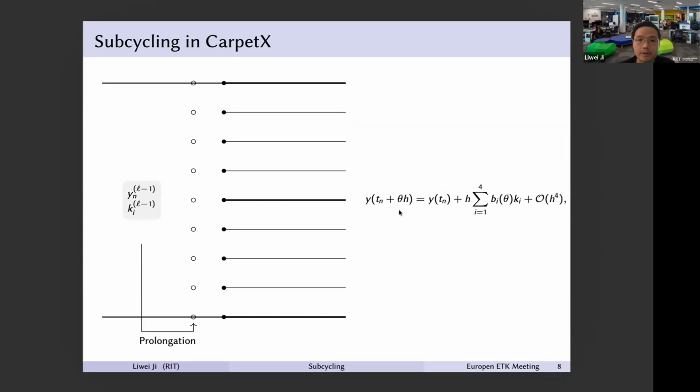Then we can use the dense output such that we can translate this Yn and the k's into the Yn and also the time derivatives of y in these ghost points.